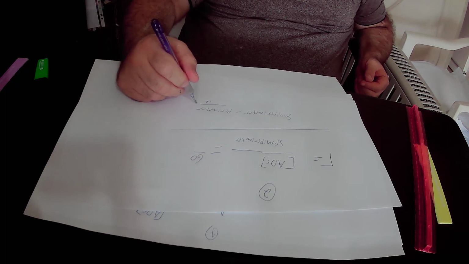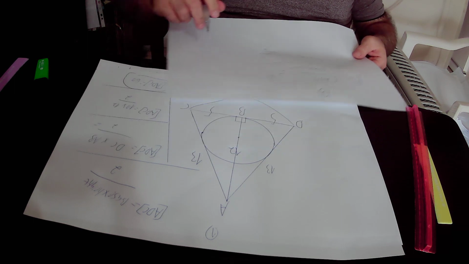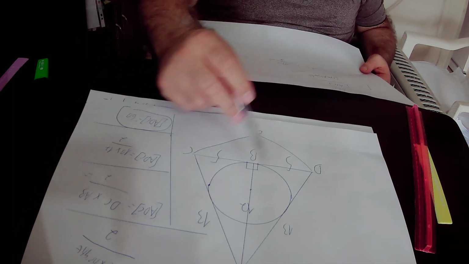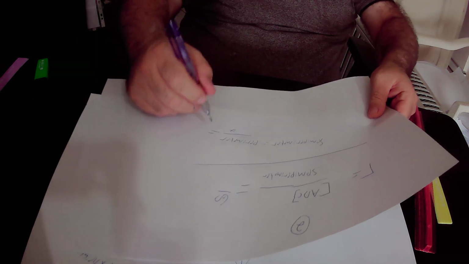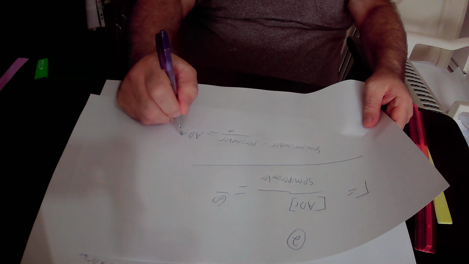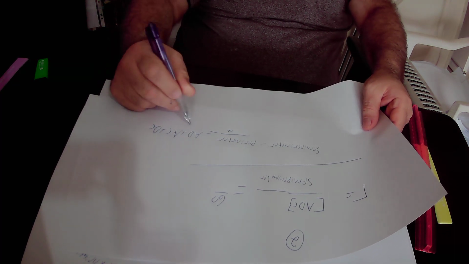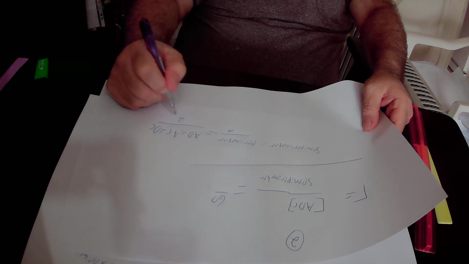the semi-perimeter is equal to the perimeter of triangle ADC over 2. The perimeter of triangle ADC is AD plus AC plus DC. And if we divide the perimeter by 2, we will get the semi-perimeter.